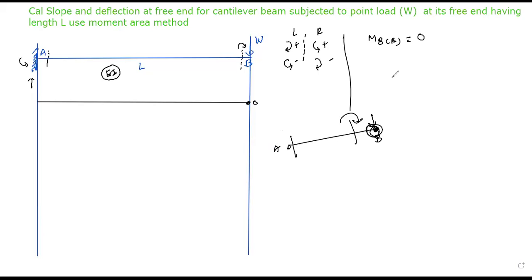Keep in mind, bending moment diagram is father and mother of this subject. Keep in mind. I say again, bending moment diagram is the father and mother of this subject. If you don't know bending moment diagram, you're not able to catch up moment area method, consistent deformation method, conjugate beam method, fixed beam, and moment distribution method.